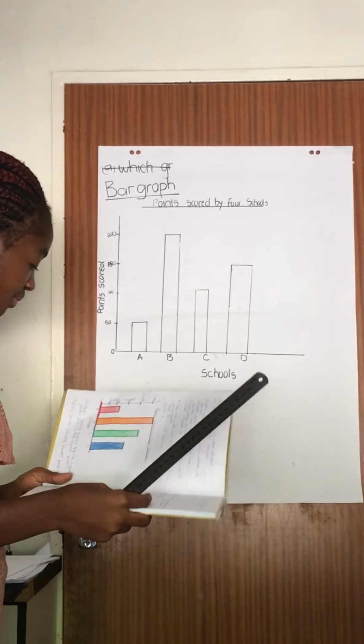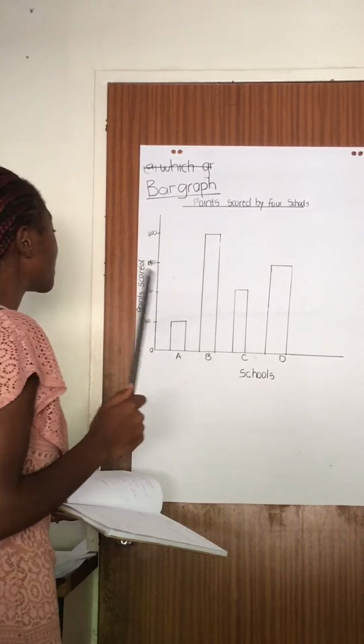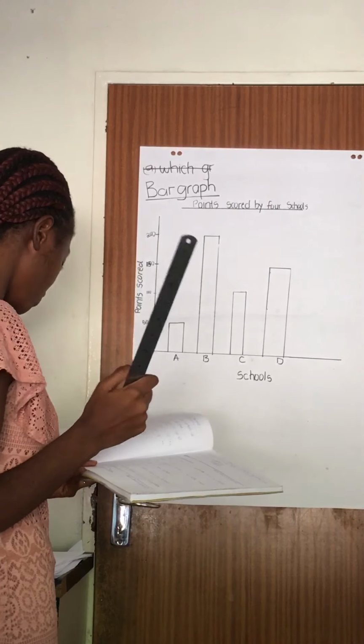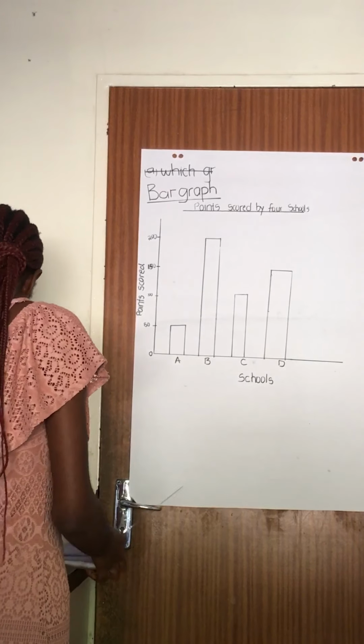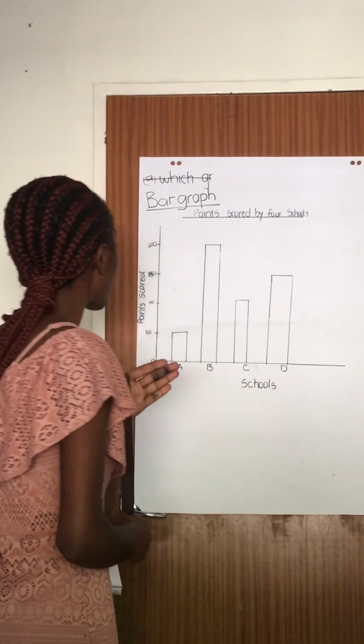So in this bar graph, we are going to answer the following questions. We are going to look at the points scored by the 4 schools. Our first question is, which school scored the highest points and which one scored the lowest points? So we are going to look at our bars.